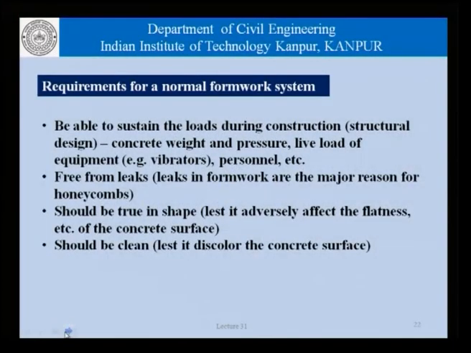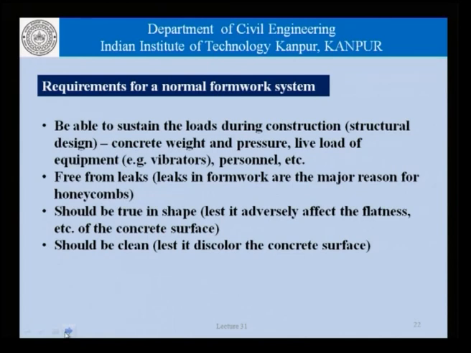Should be true in shape. Unless the formwork is true in shape, there is no way that we can have a concrete structure which will be true in shape. So, if a wall has to be vertical or the slab has to be flat, then it is important that the formwork has the right kind of tolerances.